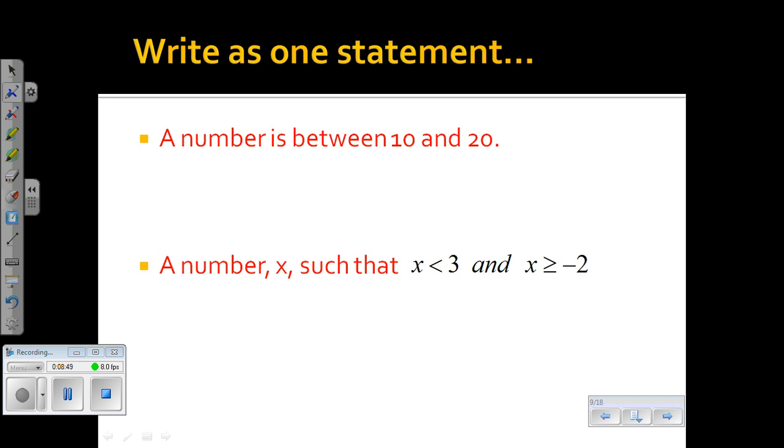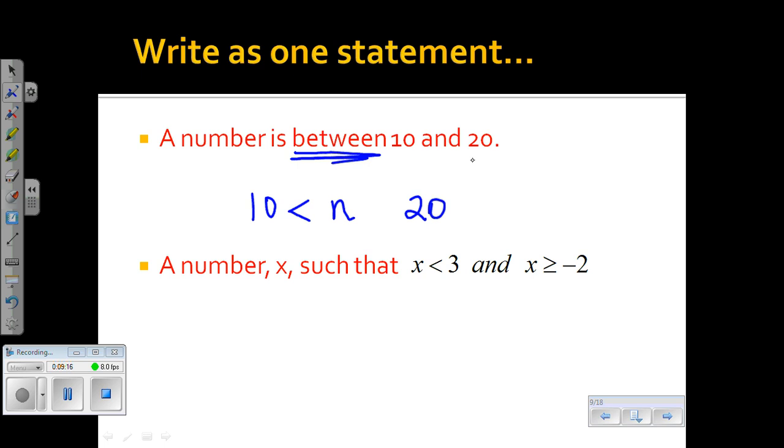First, a number is between 10 and 20. I'm literally going to put the number, I'll use n, between 10 and 20. If it's between 10 and 20, then it's certainly not less than 10. It must be greater than 10. When I write that here, it's going to look like this: 10 is less than n.